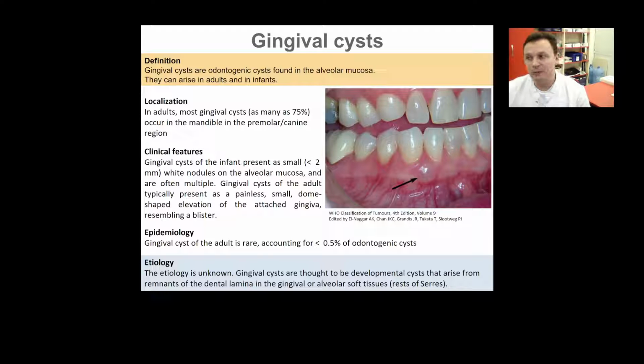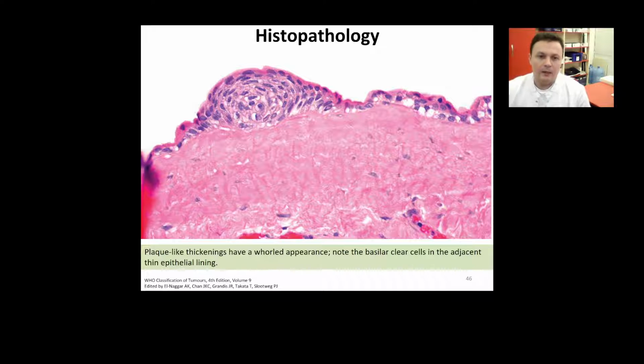If we talk about epidemiology, gingival cyst of the adult is rare, accounting for less than 0.5% of all odontogenic cysts. On histopathological examination, the cyst lies just below the normal oral epithelium and is typically uninflamed and lined by epithelium composed of a single or double layer of cuboidal to squamous cells without rete bridges.